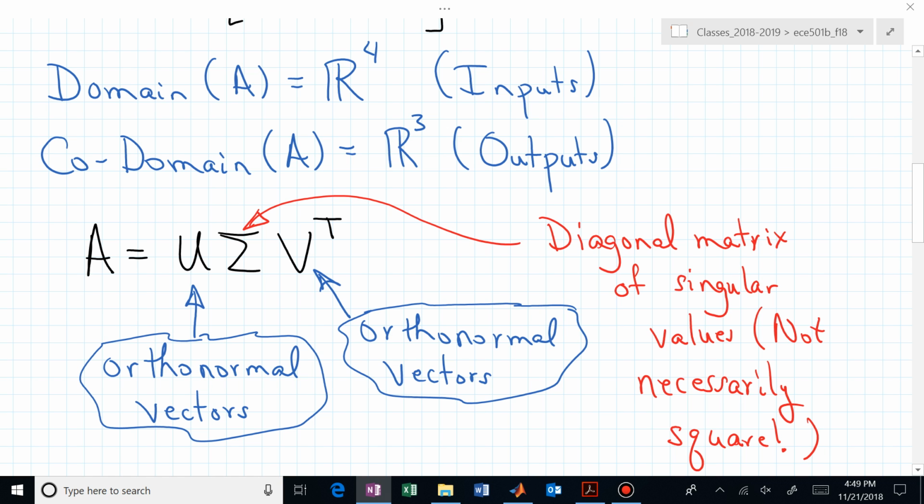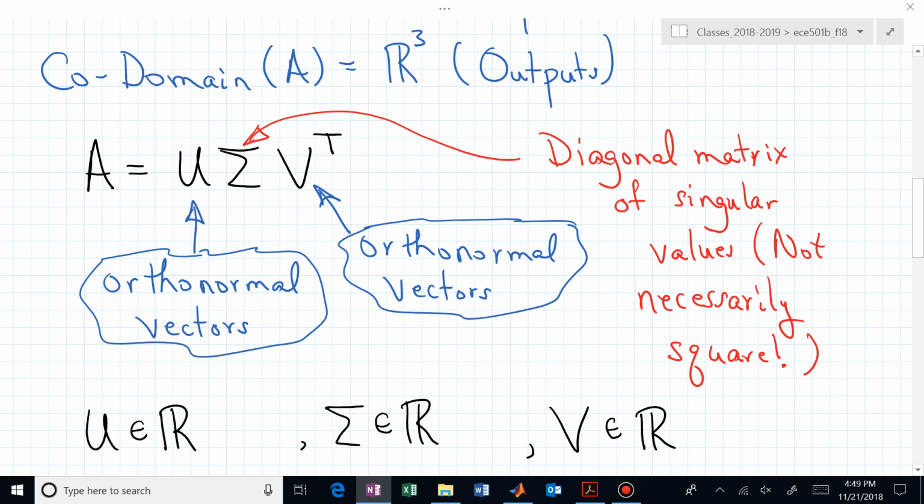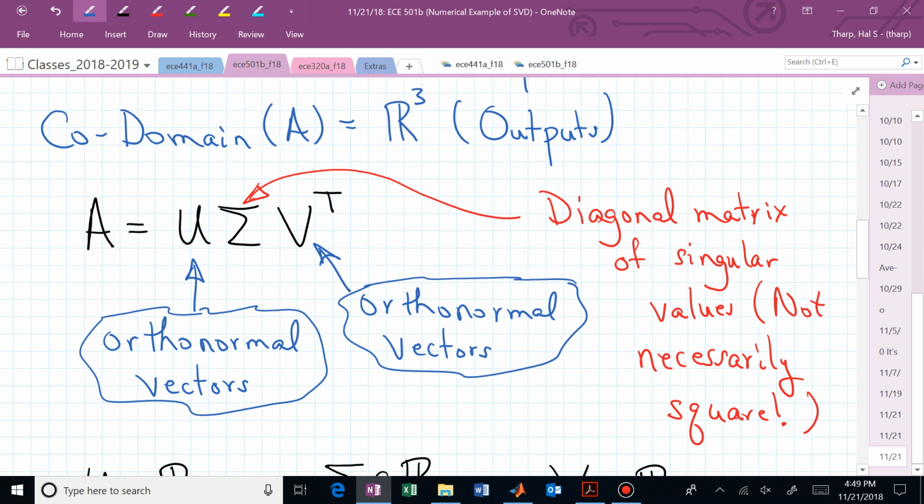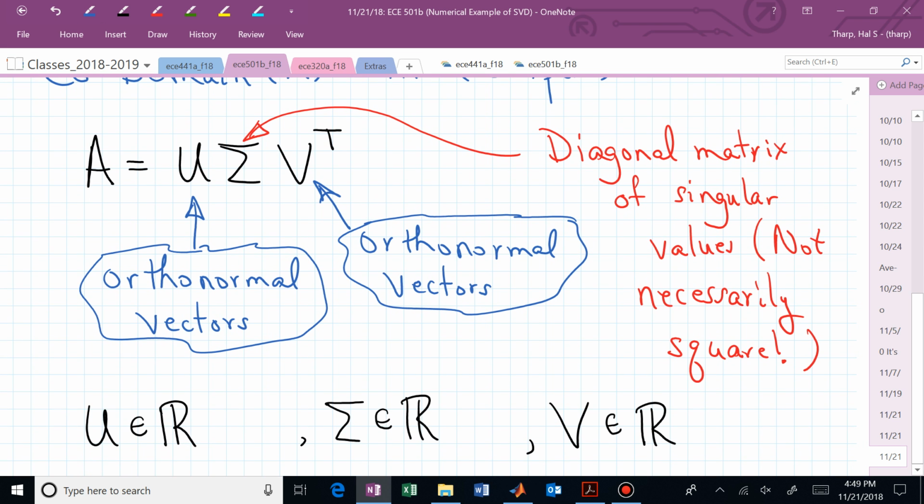What does that mean? Well, A in our example was associated with a 3x4 matrix. That means this decomposition has to be compatible with A. In order to be compatible with A, what does U have to be?